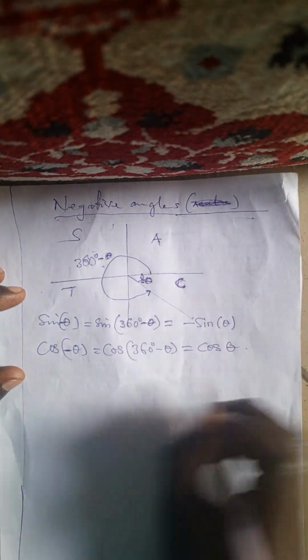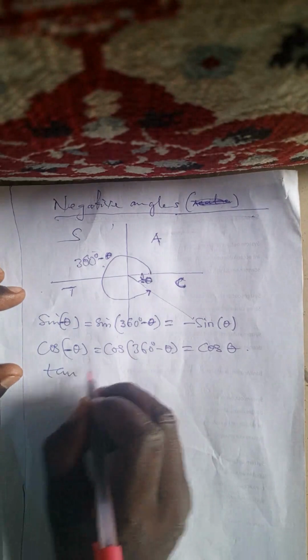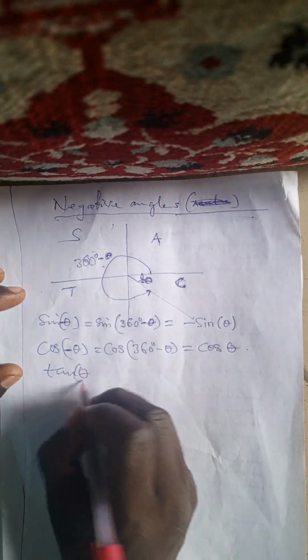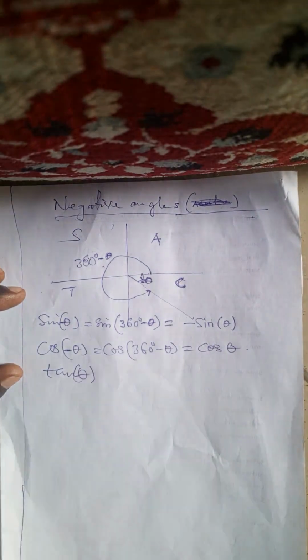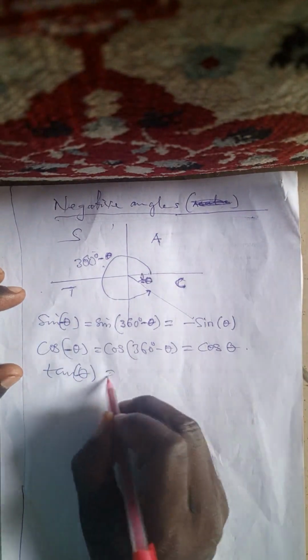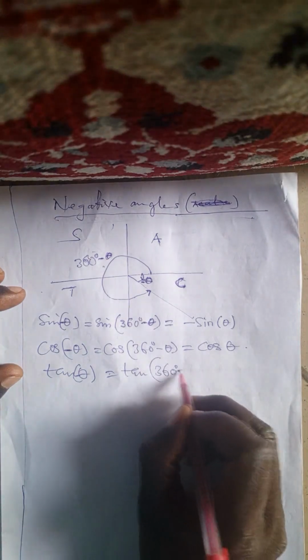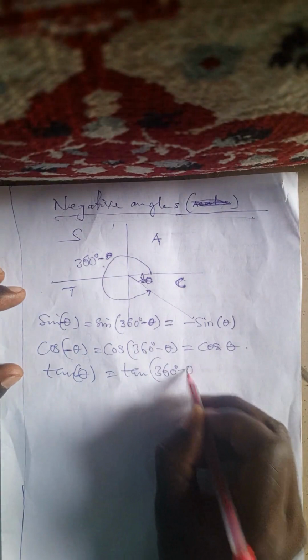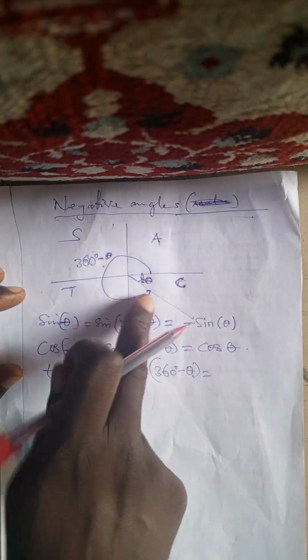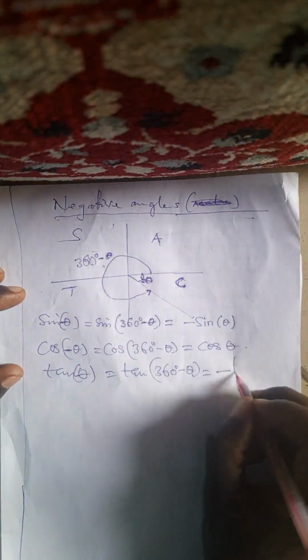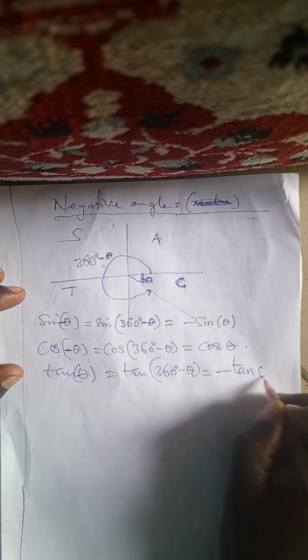Simple. Now tan of negative theta is the same thing as tan of 360 degrees minus theta. But tan is negative here, so we're going to have negative tan theta.